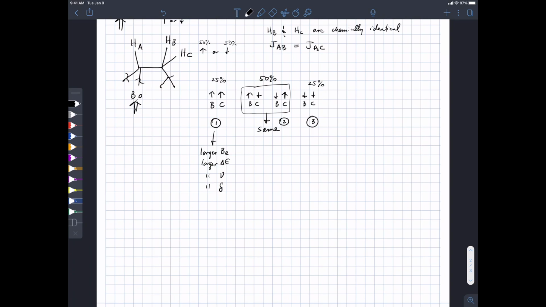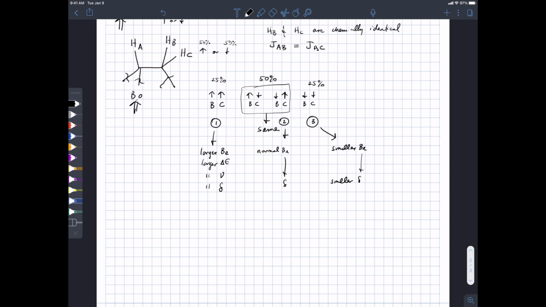In situation 2, the two should cancel each other out, with versus against, and we're just going to see the normal regular field and therefore chemical shift that we would expect. And then in situation 3, A will experience a smaller field and therefore a smaller chemical shift.